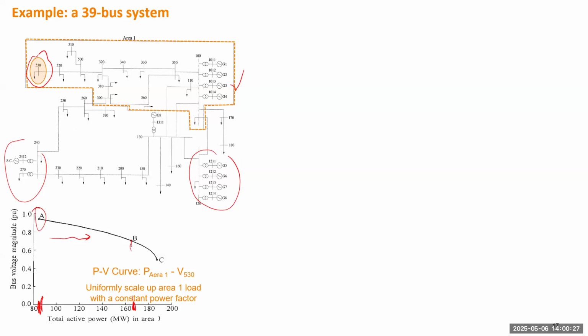And we calculate the voltage at that bus. So we utilize the voltage at that bus versus the total load of the system. We can generate a second point. Then we further increase the load until point C, and the power flow cannot be solved. So that will be around the critical condition.